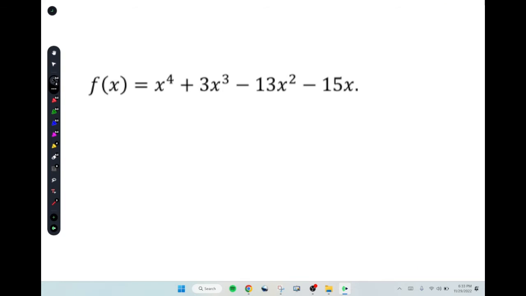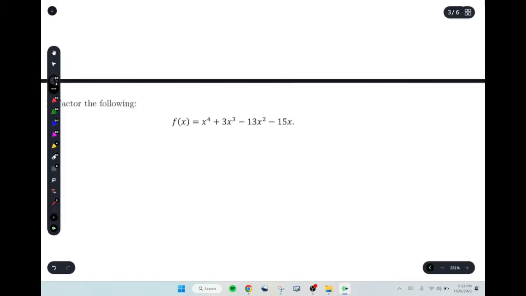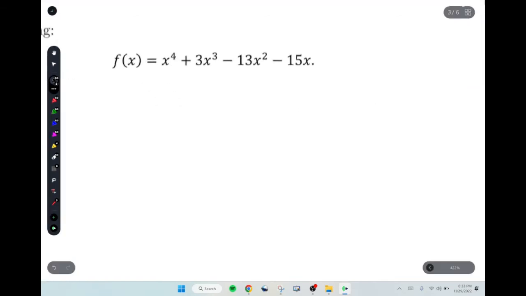But actually, before we even do that, I see one extra thing that's kind of cool. There's something different about this one than normal. Yeah, there's an extra X. Usually we have a +7 at the end or something random like that.